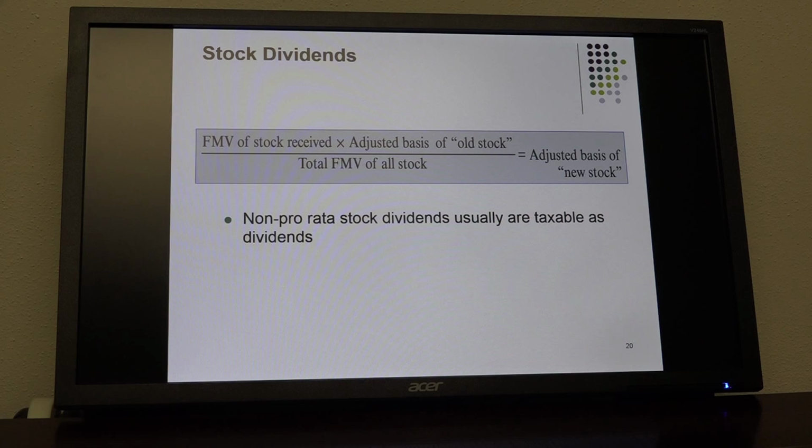That would be your dividend. Now, of course, for those choosing good old cash, having a fair market value of the face value, that's going to be the amount of your dividend.